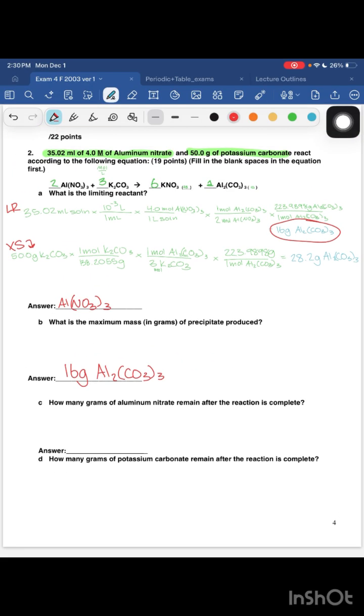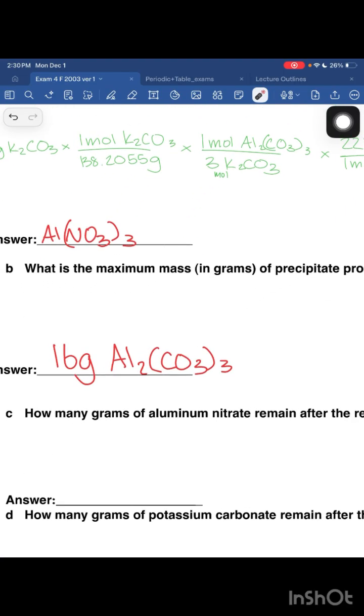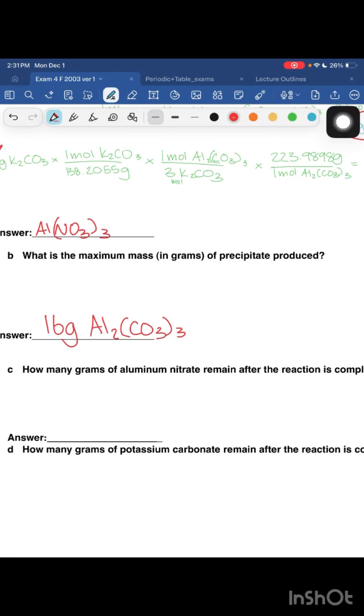Once again, the precipitate is whatever is solid in the reaction. Aluminum carbonate is solid, therefore it is our solid. There is that. Okay, since this is the limiting reactant, you're gonna have 0 grams left.